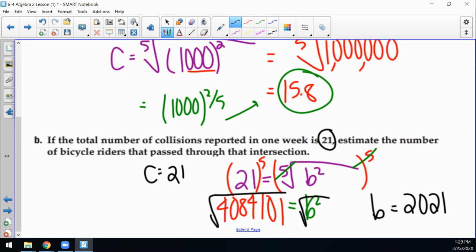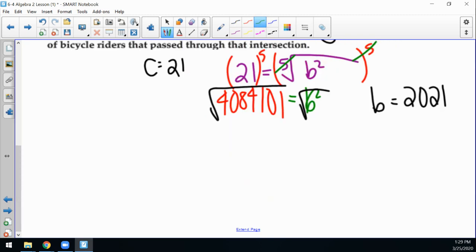That's how I can do it if I did both steps at different times. Otherwise, the other way to do this would be to say 21 is equal to b to the 1/5 and to the second, so that's equal to b to the 2/5 power, right? And so how do I get rid of a fraction, how do I get rid of 2/5 and turn it into 1? Well, I multiply it by its reciprocal.